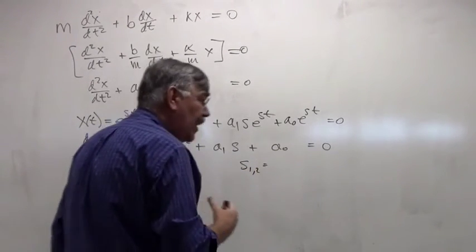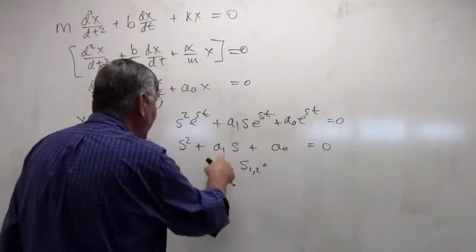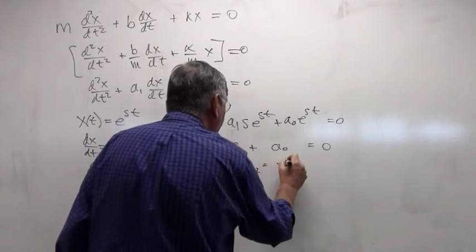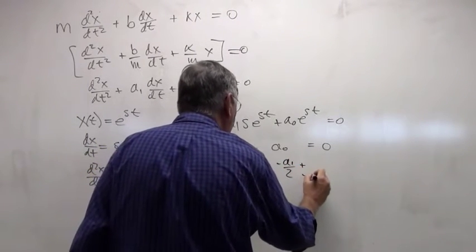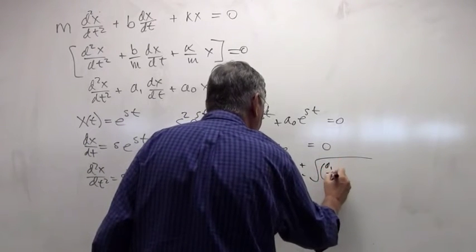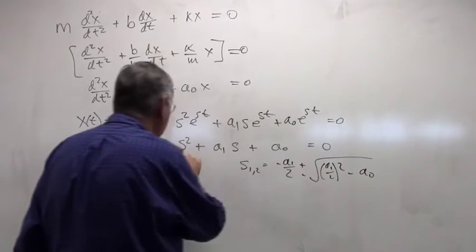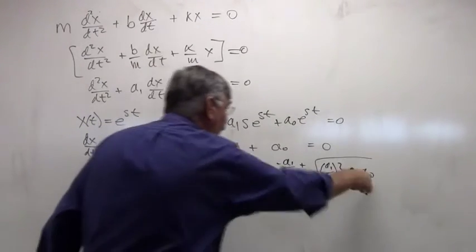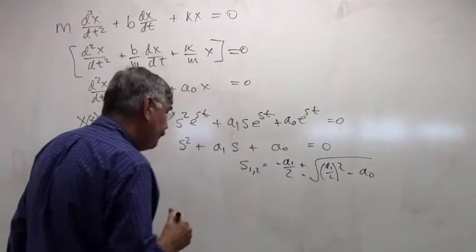If we use the quadratic formula, and again, I have my own favorite form, I like to take minus the middle term over 2, plus or minus the square root of that same thing, quantity squared, minus this term. That only works because I normalized this term out.